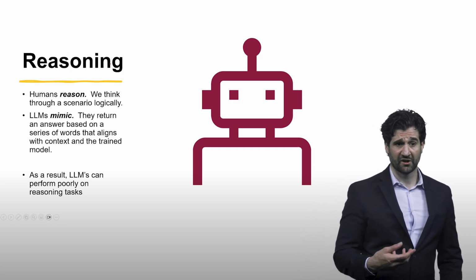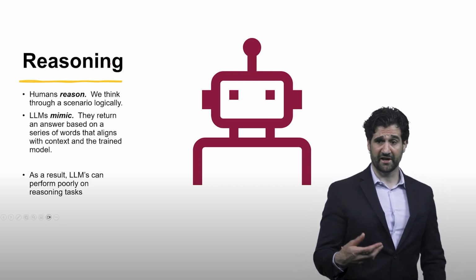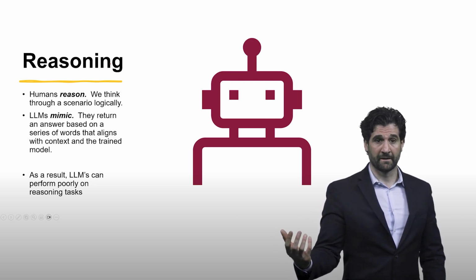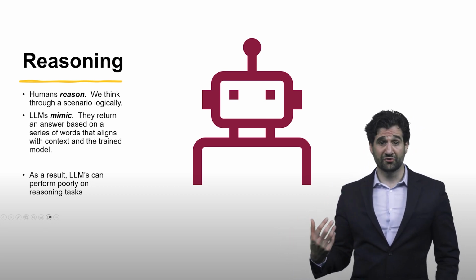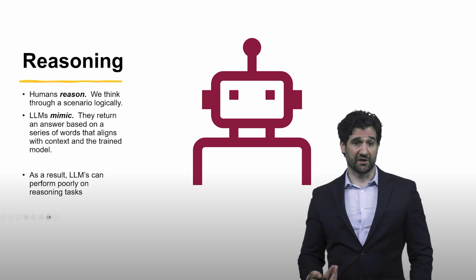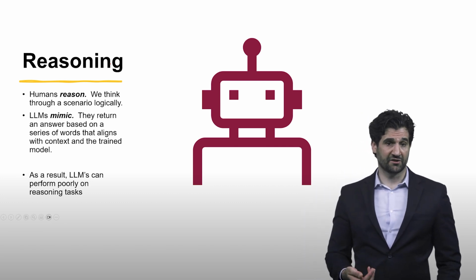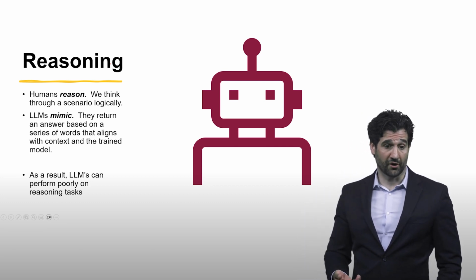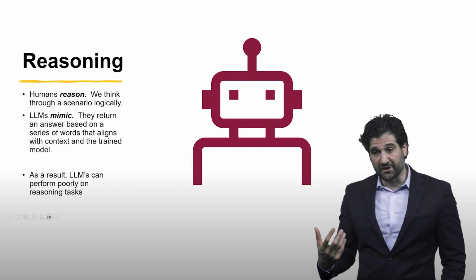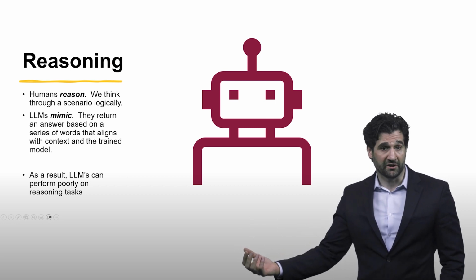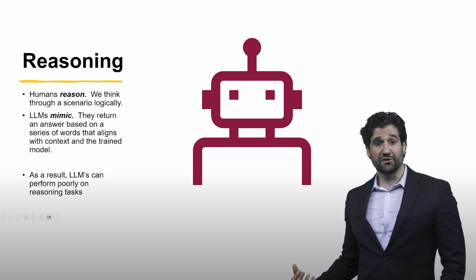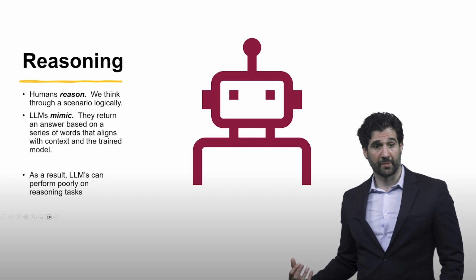We think of things generally in a step-by-step way and have some kind of logic. The large language models don't do that. They are mimicking. They are returning an answer based on the series of words only, just predicting what the next word is going to be. There is no underlying logic to that.